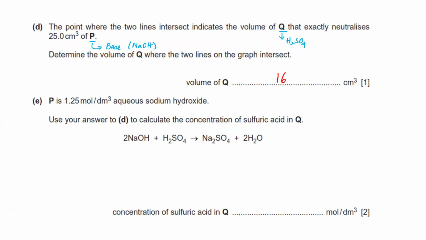Then in part E, it says P is 1.25 mol per dm³ aqueous sodium hydroxide. Use your answer in D to calculate the concentration of sulfuric acid. Remember, 2 moles of sodium hydroxide react with 1 mole of H2SO4.